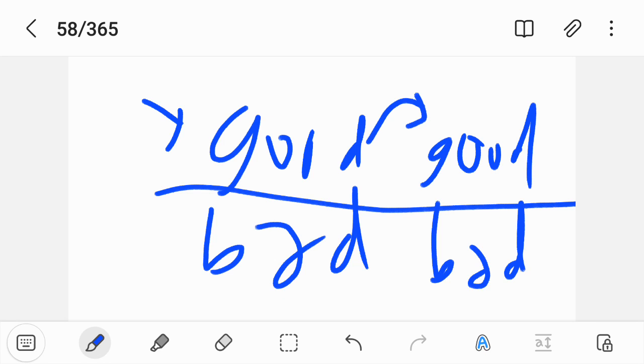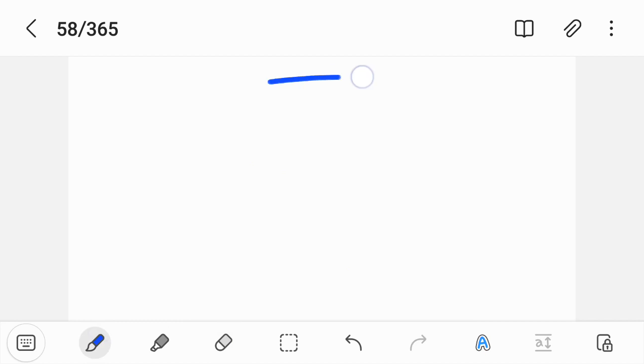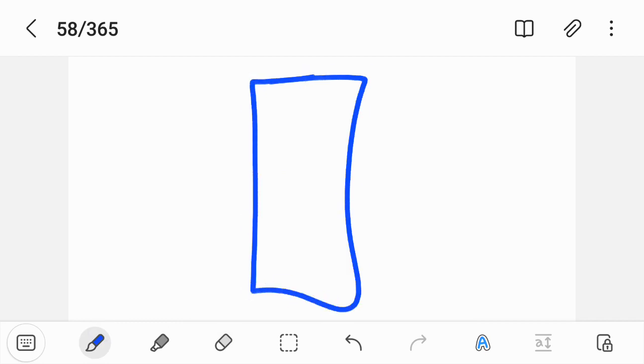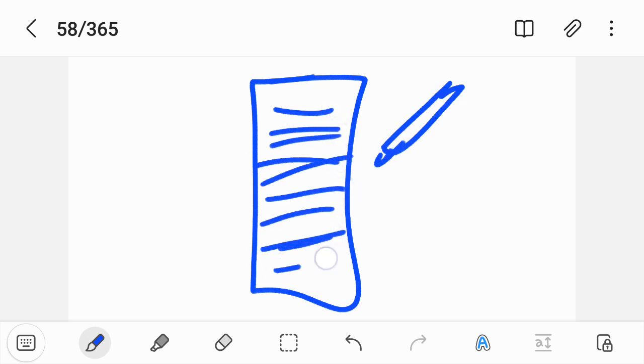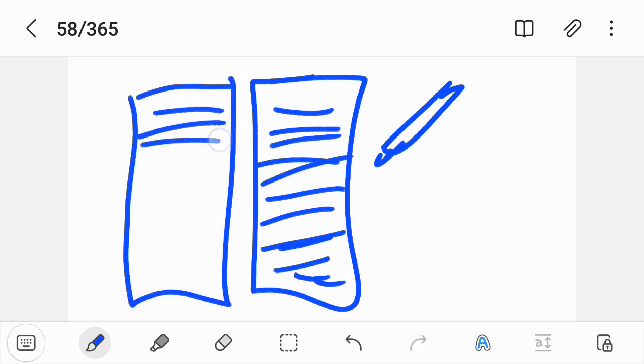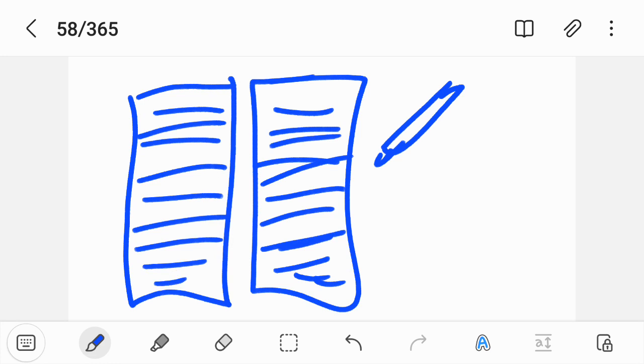So basically what I'm doing is I grab a paper, and with my pen I write down all of the video ideas that I have. Right now, I have two pieces of paper, and they are full of those ideas.